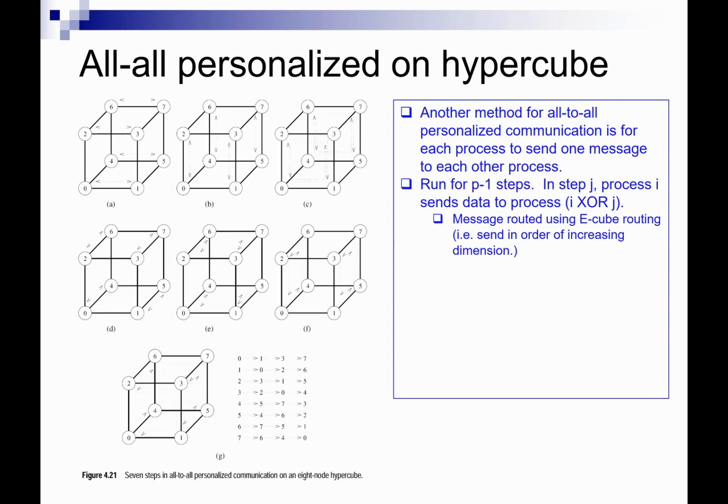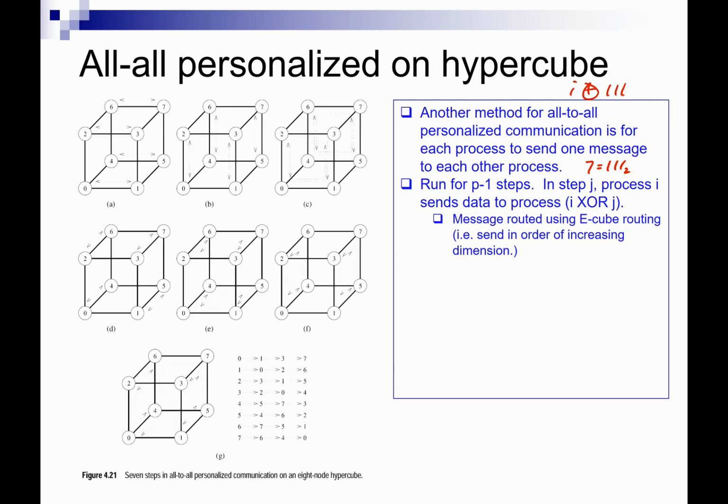Well, process I is going to send its data to process I XOR J. For example, if you look at step 7, the J is going to be equal to, if you write J in binary, 7 equals 111 in binary, so that means that each I is going to be sending to I XOR 111.